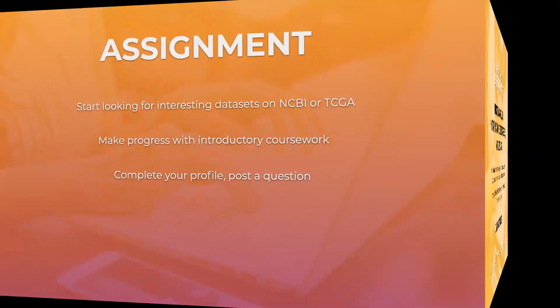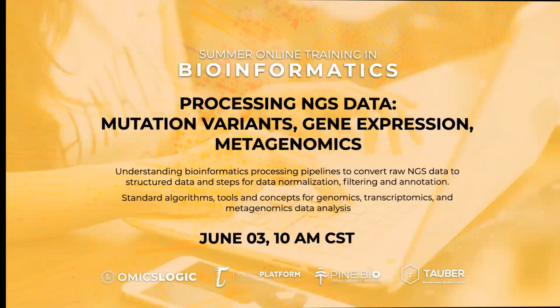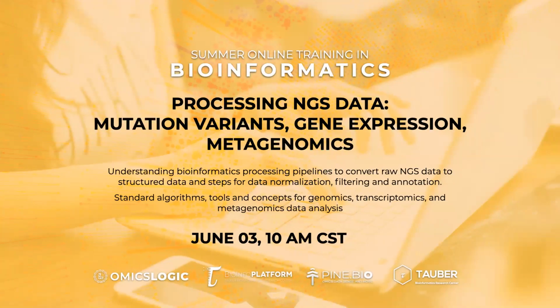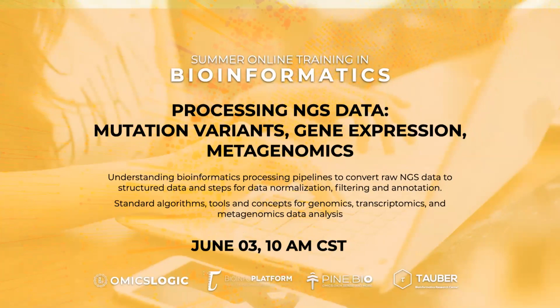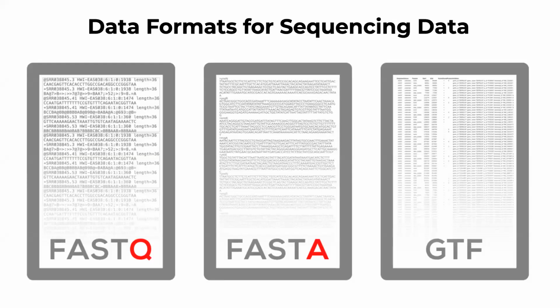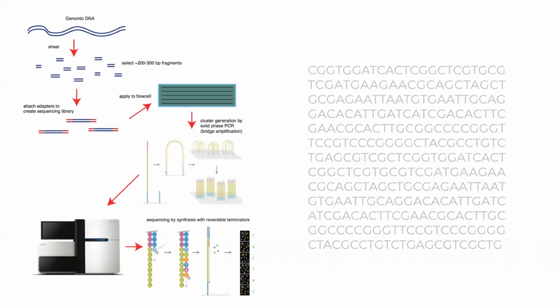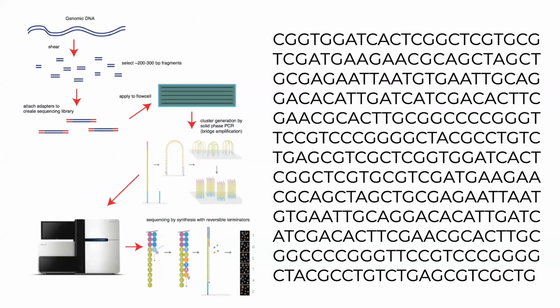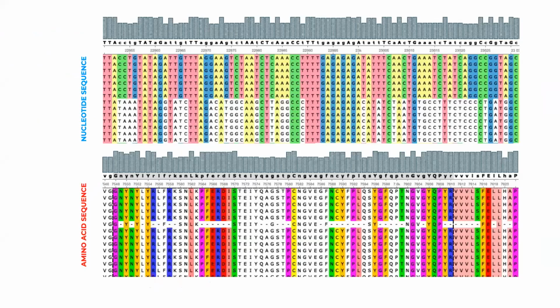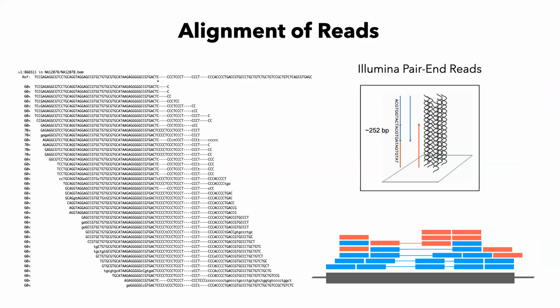In our next session, we'll talk about processing next generation sequencing data. So we'll talk a lot more in detail about FASTQ, FASTA, and GTF files in the context of next generation sequencing, and what types of techniques are used to actually generate the nucleotide sequences, how those different sequences could be studied from the nucleotide level and amino acid level, how we can do alignment of reads, and what are the different formats like single end or paired end reads.